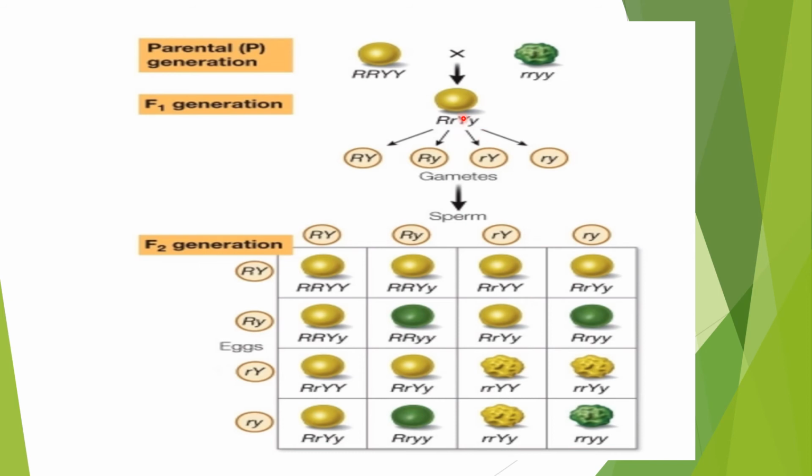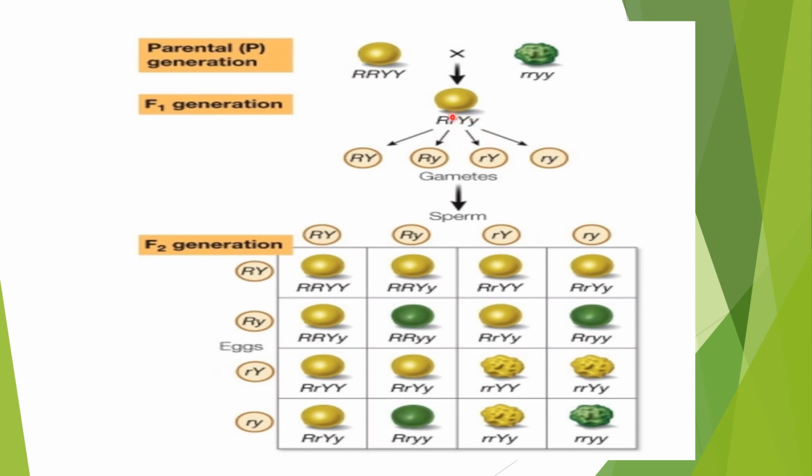So, this generation of offsprings which are produced as a result of crossing between the parental generation is referred to as F1 generation or the first filial generation. And all the individuals which are formed during the F1 generation are heterozygous round and heterozygous yellow.